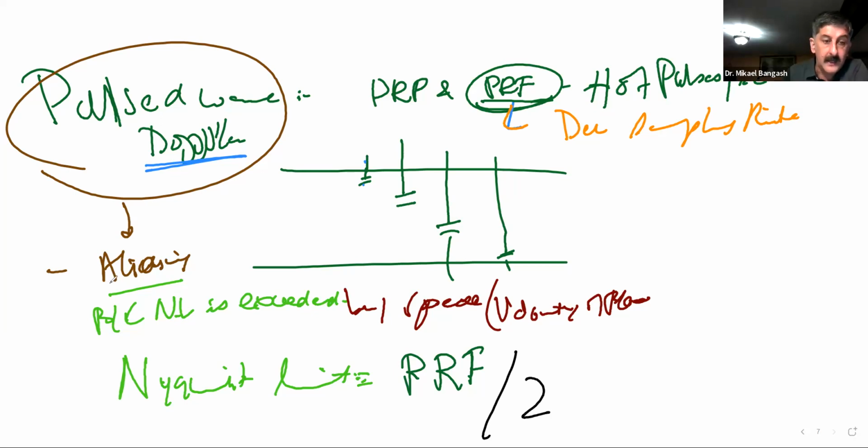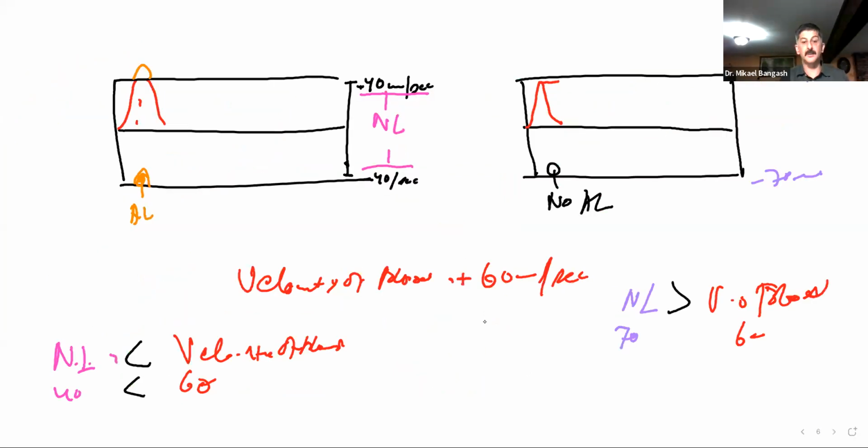I said, why did we get aliasing? Mainly because your Nyquist limit is exceeded by the speed or velocity of blood, just as we wrote here. There's nothing new.